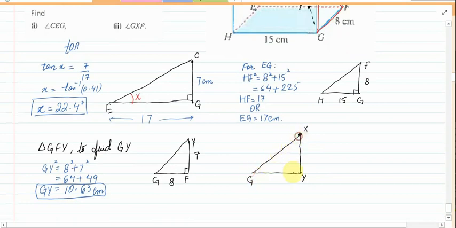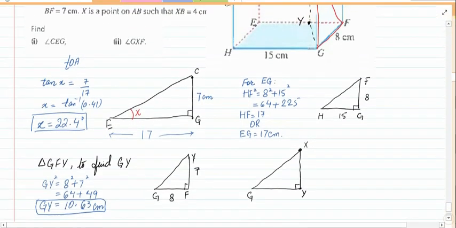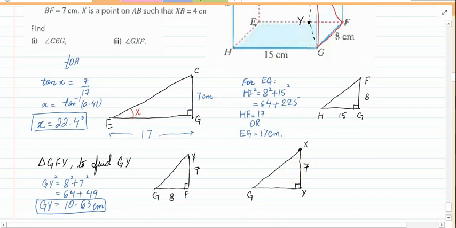So that is my right angle triangle, and in that triangle we have the value of XY, that is the height, that means 7. We have the value of GY, that is 10.63, and we need to find the value of GX.